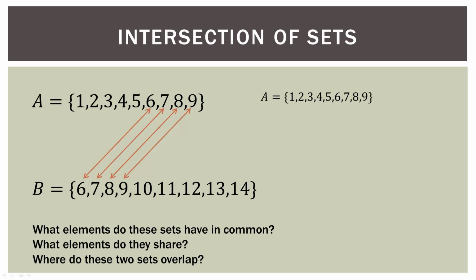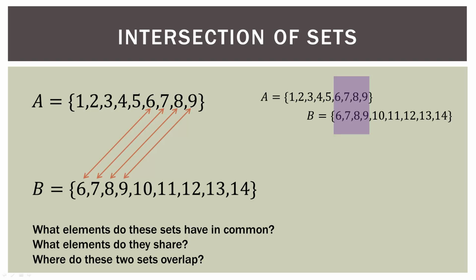Now, if I write these sets so they actually overlap, so I line up the 6s, the 7s, the 8s, and the 9s, I can show where they have elements in common. So 6, 7, 8, and 9 are where they overlap exactly.